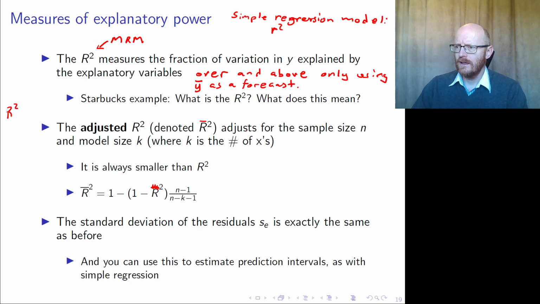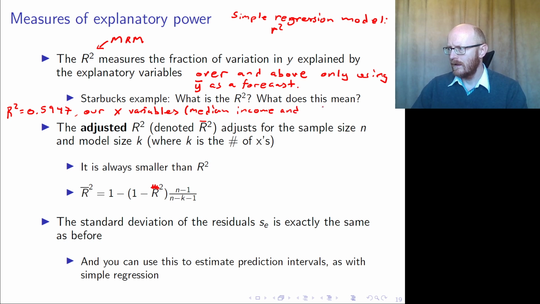The r squared in Starbucks equals 0.59, which tells us that our x variables, median income and the number of competitors, explain 59% of the variation in y.